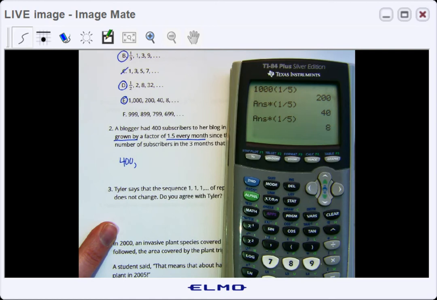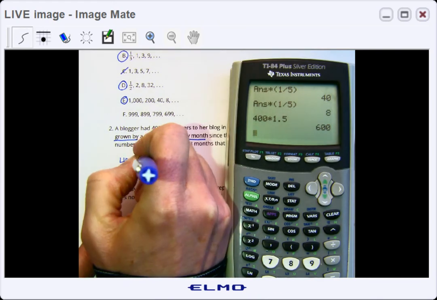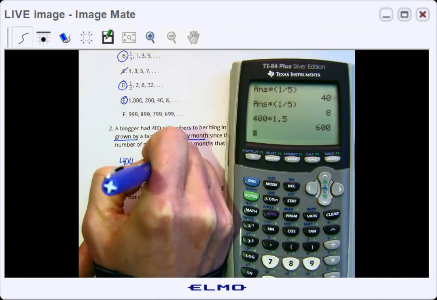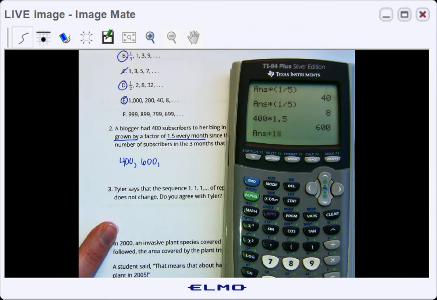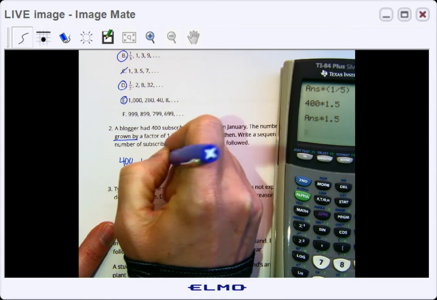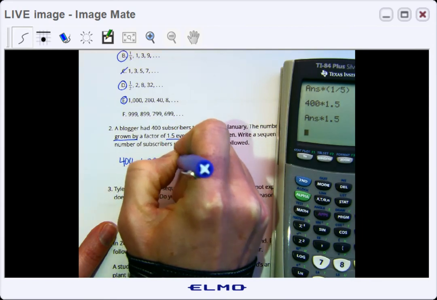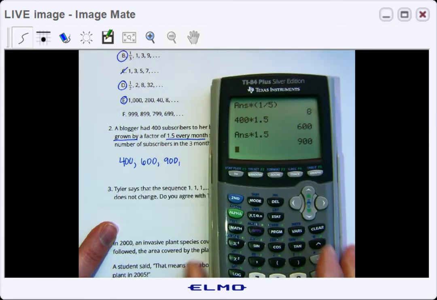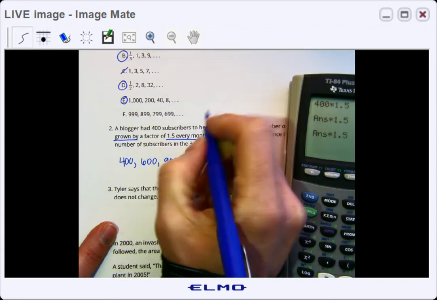And so for the first month, 400 times 1.5 is 600. I'm going to multiply that by 1.5, and I get 900 for the second month. And then for the third month, I'm just going to multiply by 1.5 again, and we get 1,350.